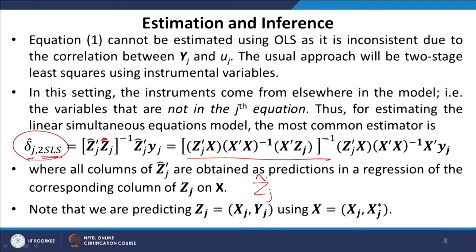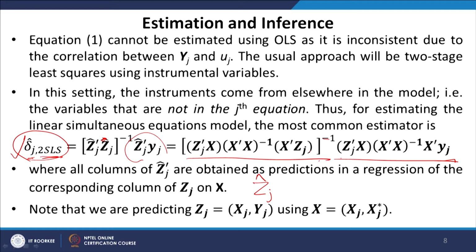Then this zj hat is utilized to arrive at the 2SLS parameter estimate. As you can see, zj hat is equal to zj prime x (x prime x) inverse x prime, which multiplied by yj gives this component, and the rest we have in the inverted term.